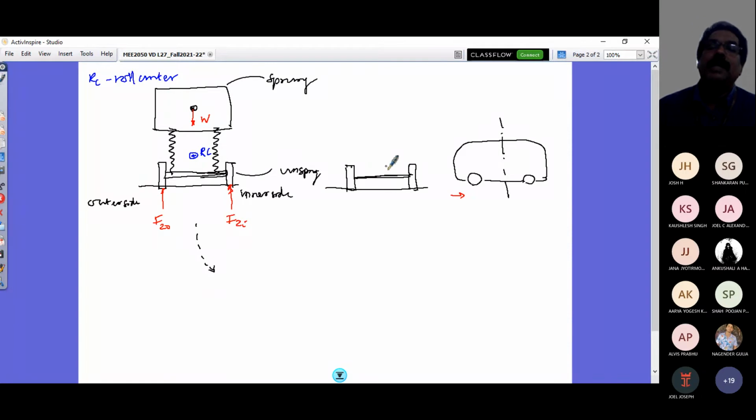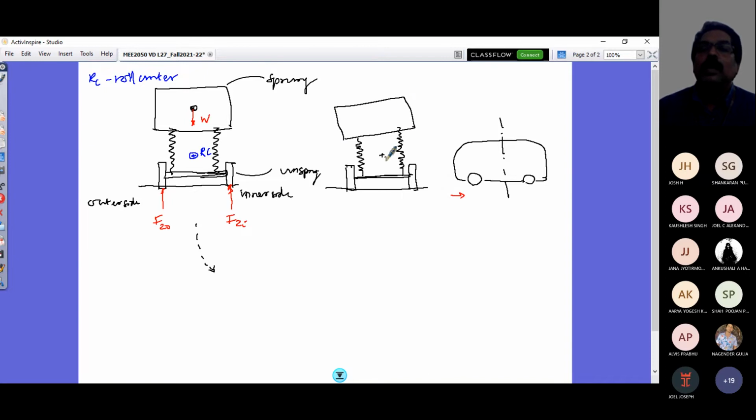So the small angle here you can neglect. And I have here, of course, this RC point and my spring, this side and this side spring, because the roll is to the outer side. So the spring would have gone somewhere here and the vehicle has changed its orientation like this.